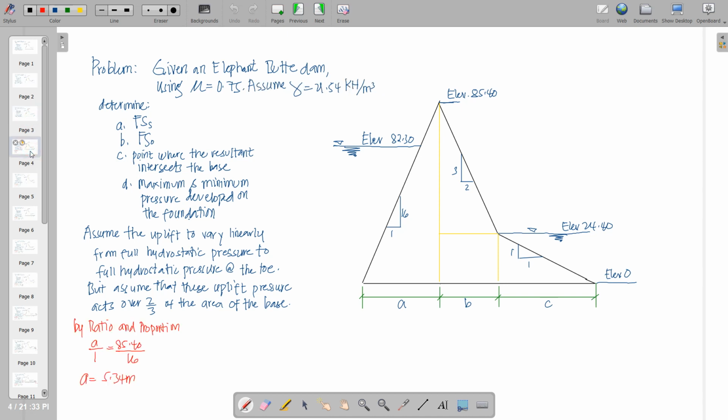So by ratio and proportion, we can get the value of dimension A. We can say that A is to 1 is equal to the total length of this one, 85.4, and the corresponding slope of that one is 16. So by cross multiplication, we can get the value of A equal to 5.34 meters.